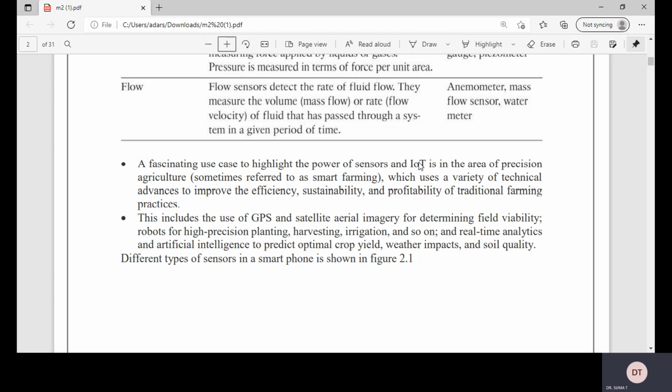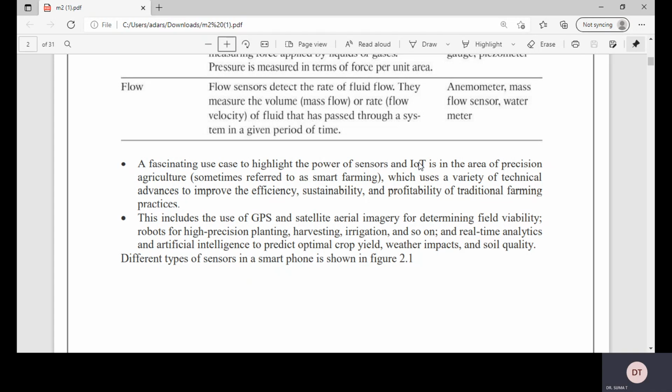Say for example, if you have a water connection in your house, a water meter has been installed in your house, right? If you see that meter, we can measure the pressure or the force with which water is getting into our sump.